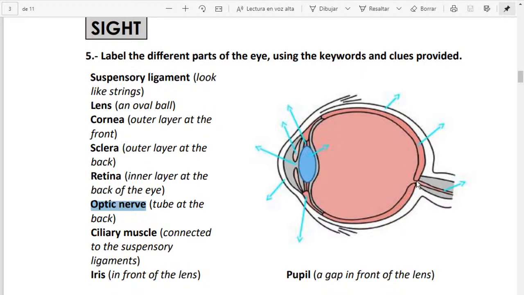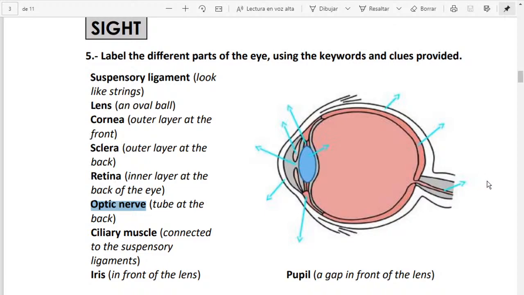And these nerves, this is the optic nerve, is the one that carries these impulses to the brain. So the correct arrow is here. This is the arrow you have to use to write down optic nerve here in this part.